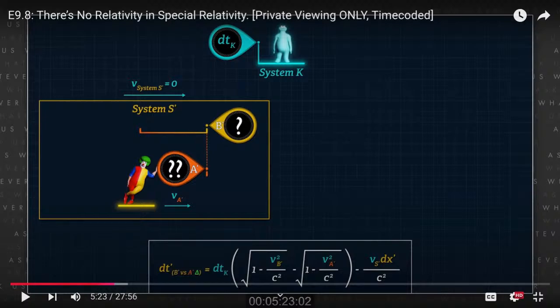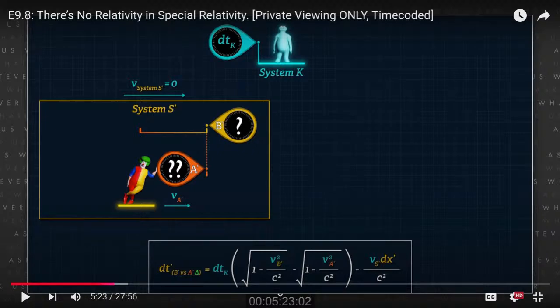And you would actually take the time elapsed on the system K clock and divide by Lorentz's gamma factor, which if you flip it upside down and multiply times the root inside the factor, it would be the square root of 1 minus the speed of clock A prime over c squared. And he would say clock A prime beats slower than clock K by that factor.